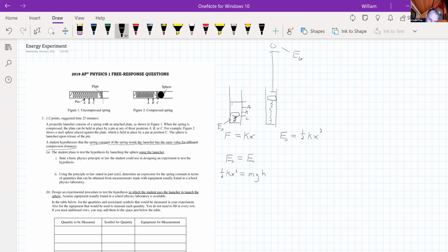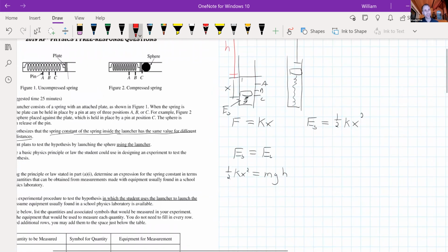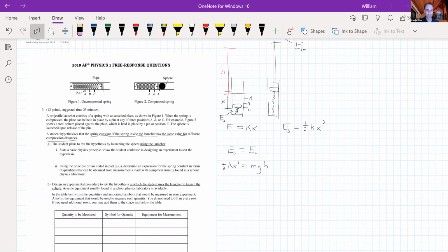So you have the distance it's compressed here, which is x, versus how high the thing goes in the air. That's h. Okay? So you could set those two equal. Now what I'm doing is using the equation to guide the words I'm eventually going to write.